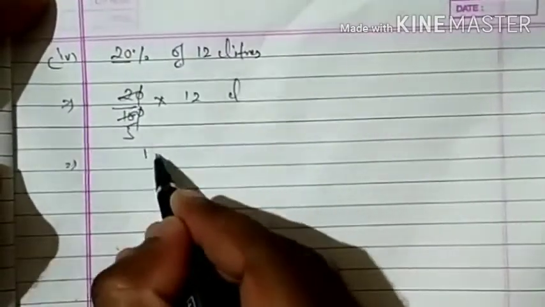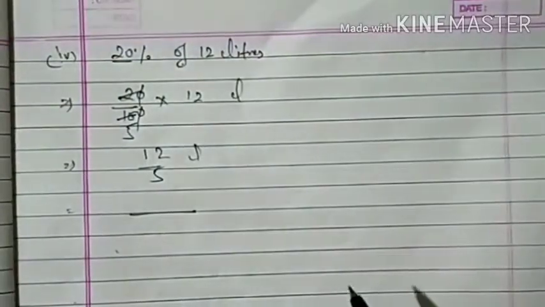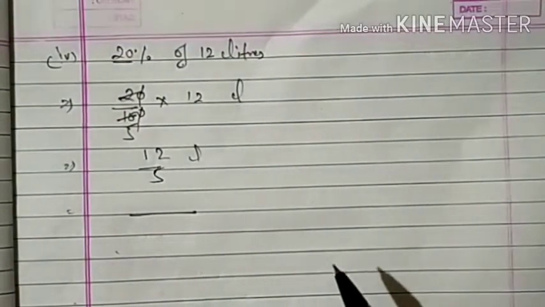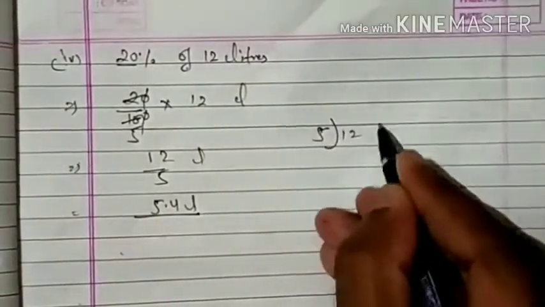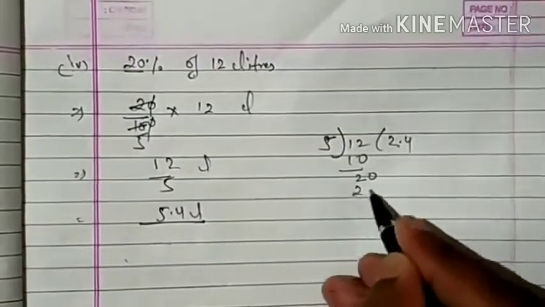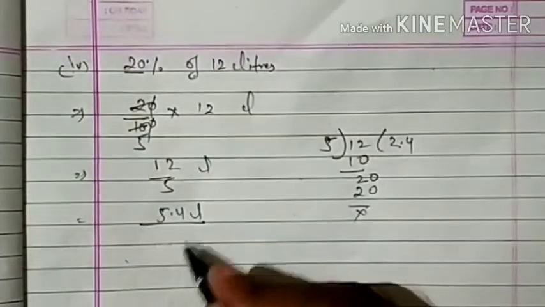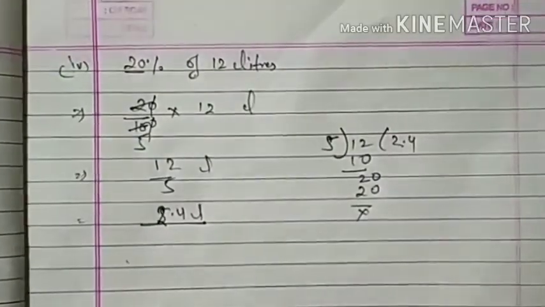What do we get? 12 by 5 liters. You can divide it. We can divide 12 by 5. 5 2s are 10. Remainder 2, so 0.4. So the answer is 2.4, not 5.4. 2.4 liters.